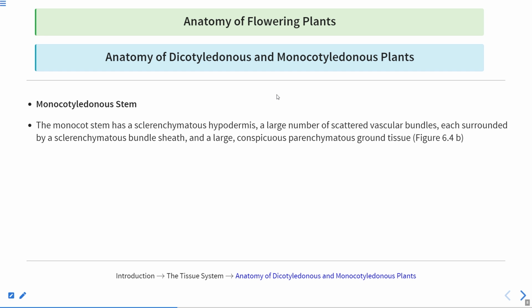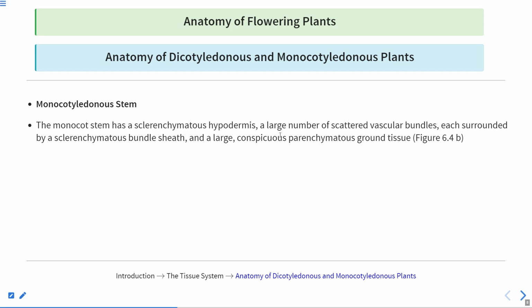Now we will see the arrangement of the vascular bundles. In the monocot, the vascular bundles are scattered all over the stem, and they are surrounded by the sclerenchymatous bundle sheath and a large conspicuous parenchymatous ground tissue.